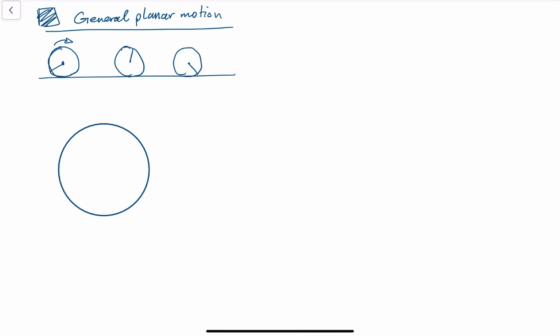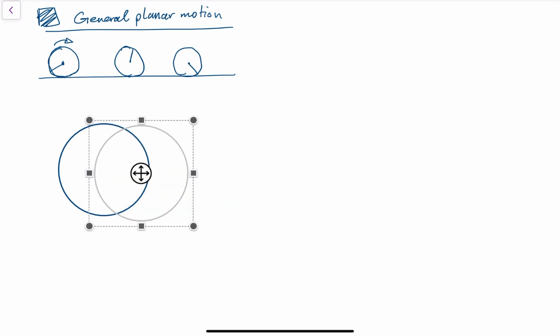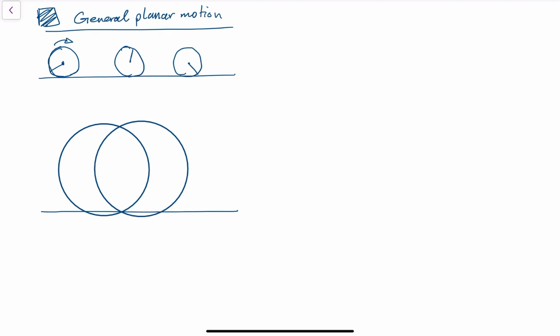No. I want another wheel like this. Okay, good. Now I want to select it. How do I select it? Like this? No. Can I select it like this? Yes. Okay. I bring it here. Very good. I'm progressing. Now this. This is my ground. Okay, I made it finally.